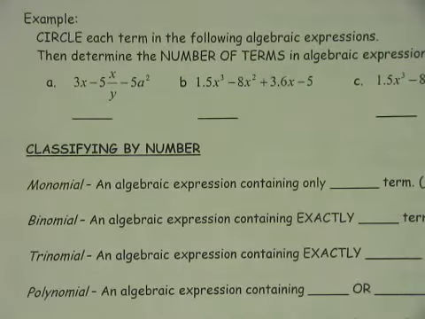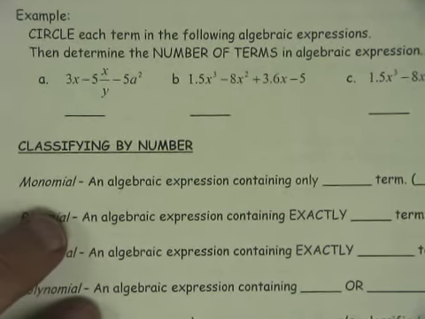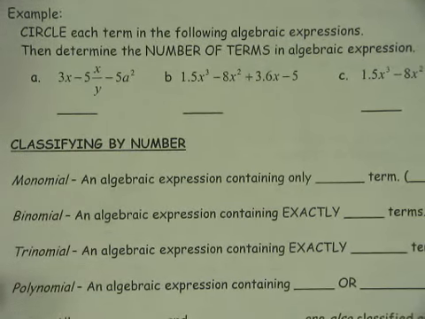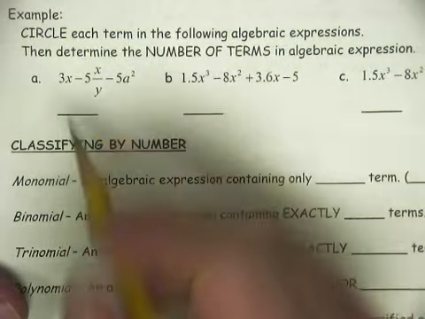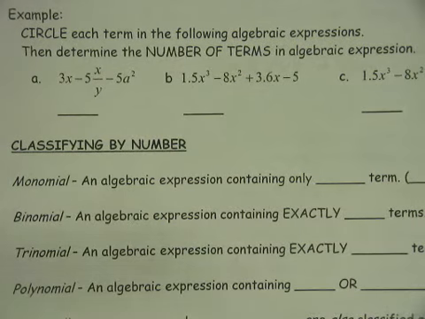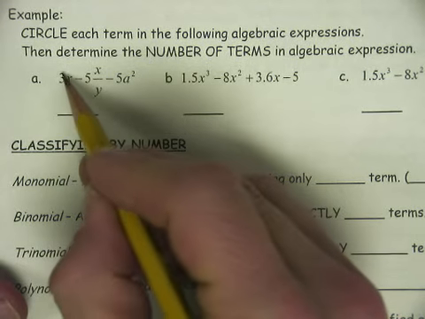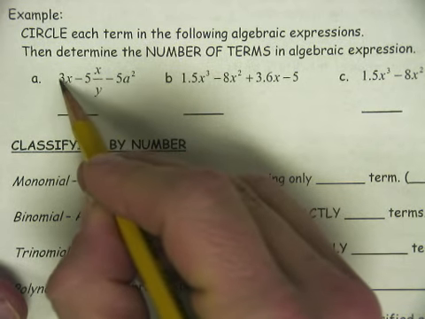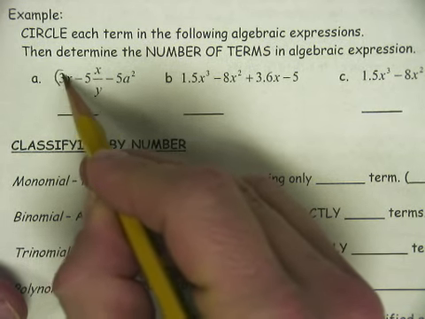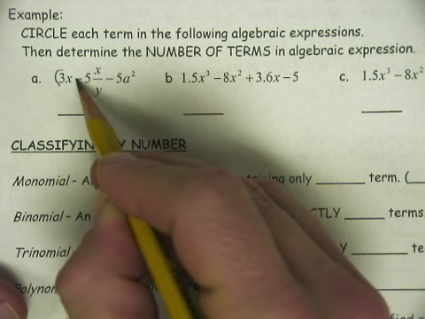It says circle each term in the following algebraic expressions. Then determine the number of terms in each algebraic expression. So the first thing we're going to do is circle them. And I have to remember that plus signs and minus signs separate one term from another term. For example, here's the beginning of the first one. My first minus sign or plus sign is right here.